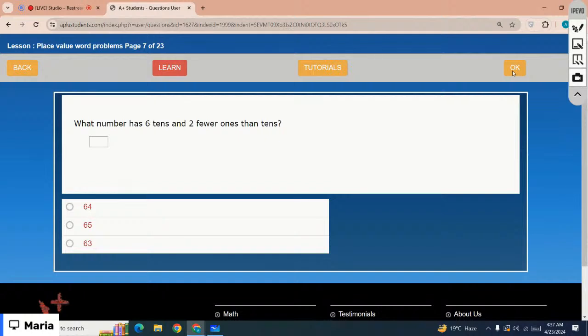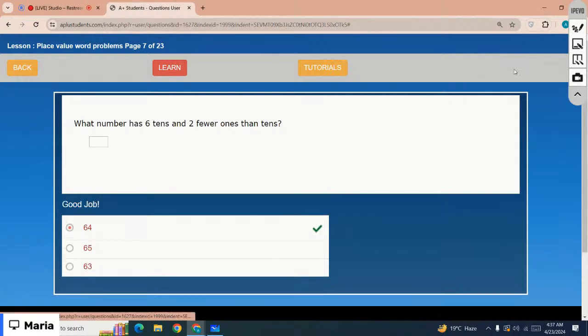What number has 6 tens and 2 fewer ones than tens, which is the correct option? 64 it is.